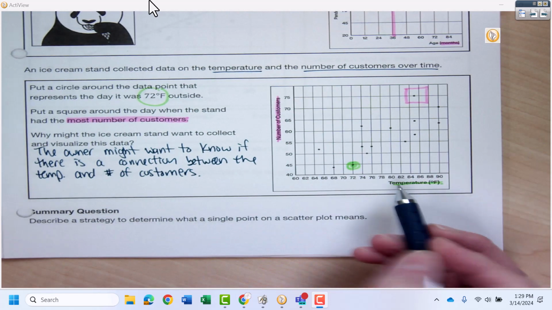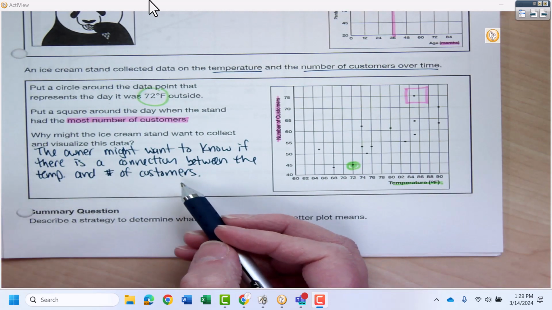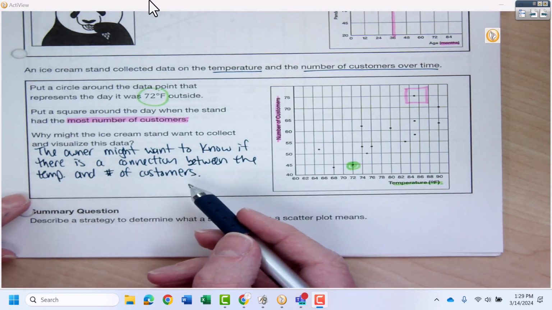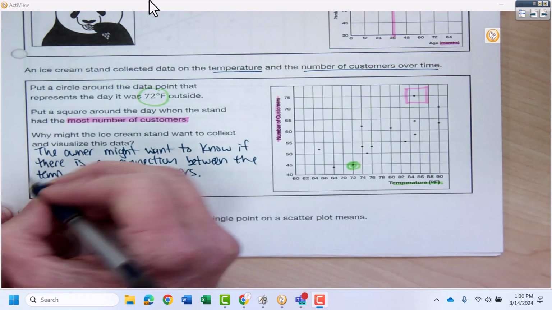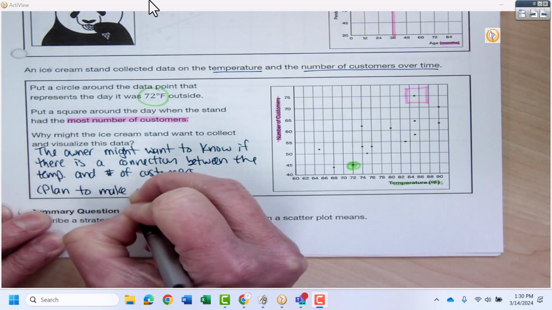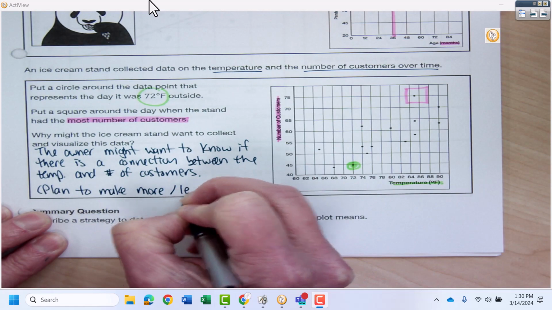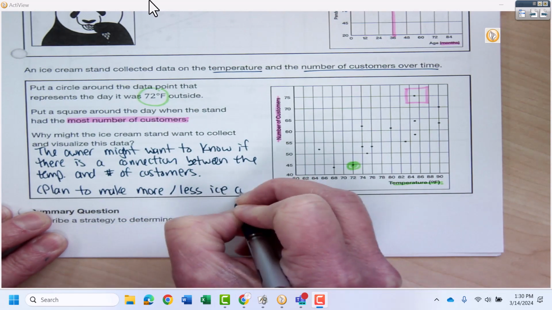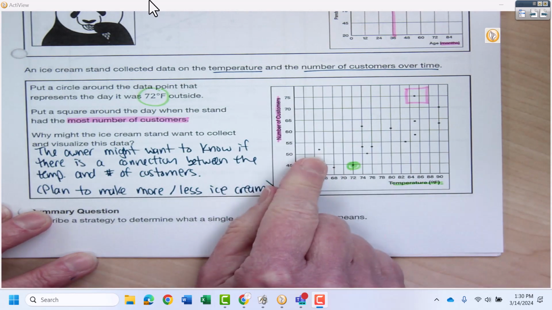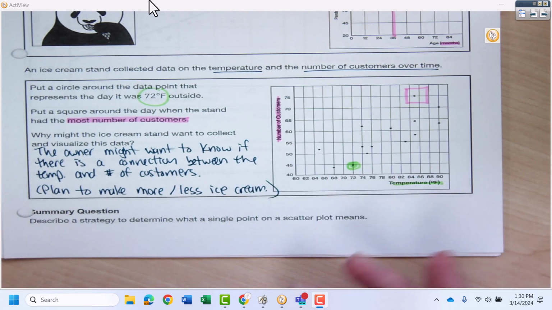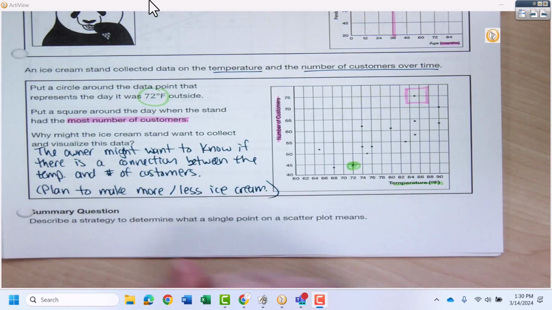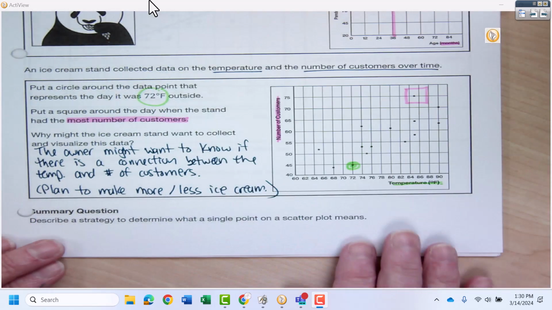If it's going to be hot on a certain day, maybe he needs to make more ice cream so he has enough to sell to everybody. We plan to make more or less ice cream. So that data can help him to plan and have enough. Or if it's going to be a cold day and he doesn't need as much, don't make ice cream you don't need. Don't waste your time and ingredients.